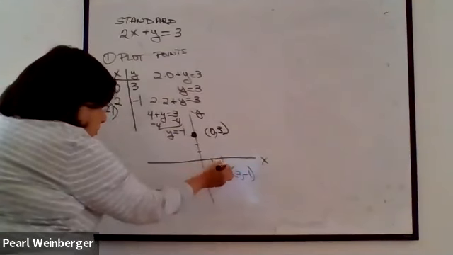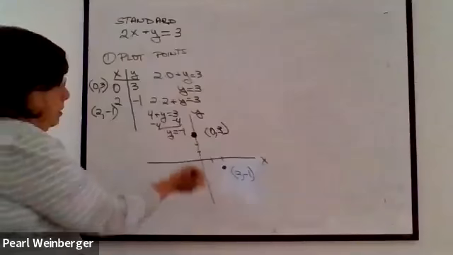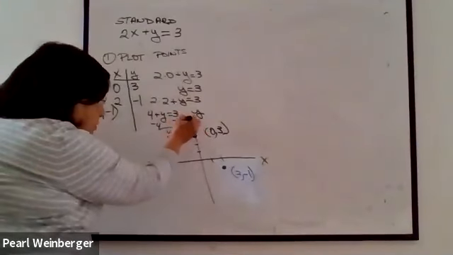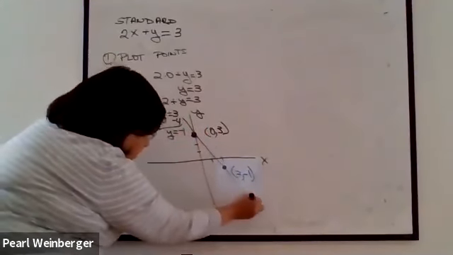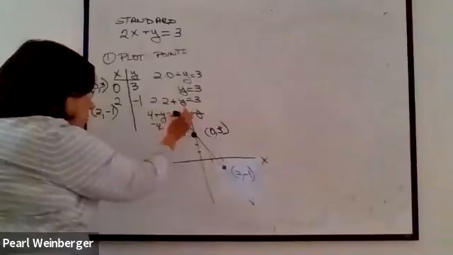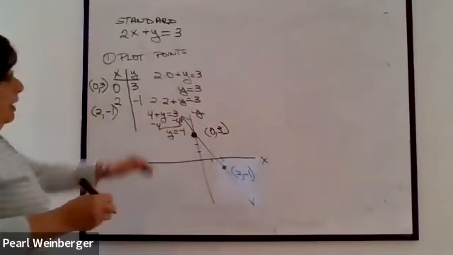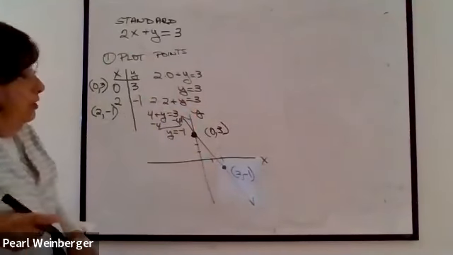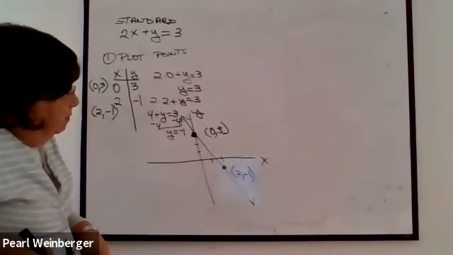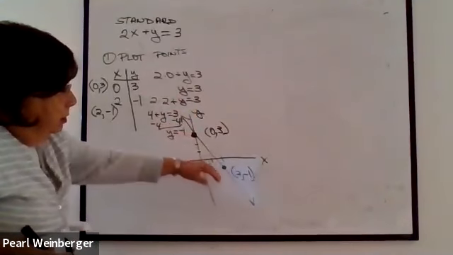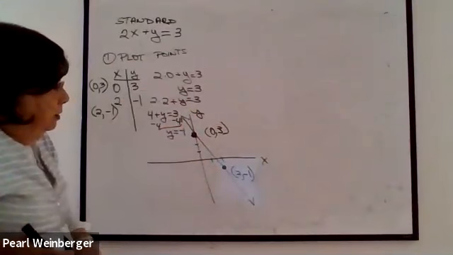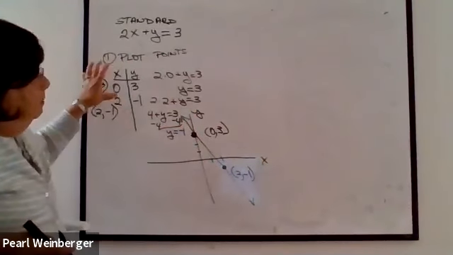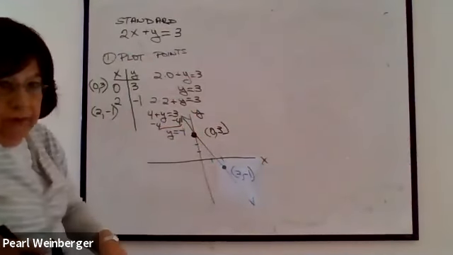Notice I now can draw the line, because as long as I have 2 points, I can connect the 2 points. I go further up and down, but I get a line that looks like this. This is how I got the line by plotting points.